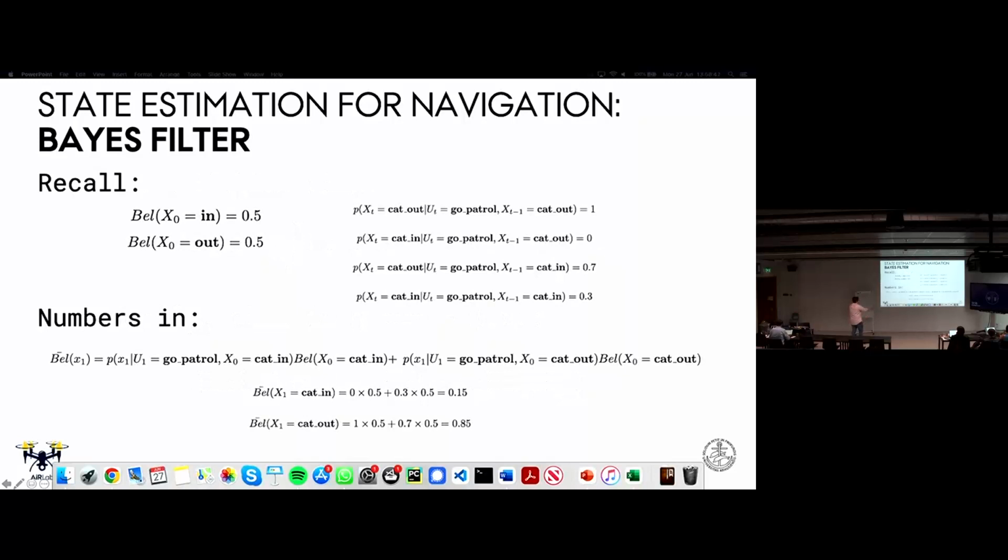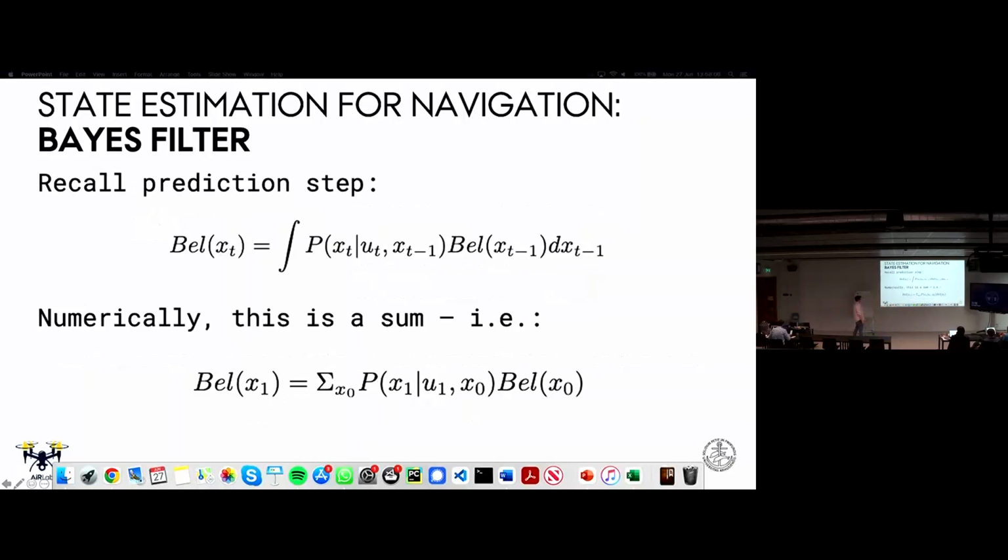You can recall that the prior belief we had was half and half. So this isn't anything that we know for sure. And then the action space that we defined before, which is cat in, cat out, the numbers are given here.